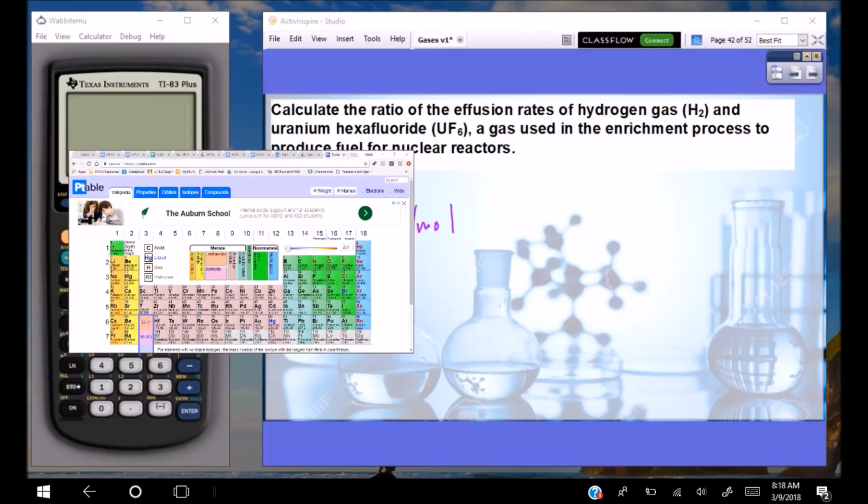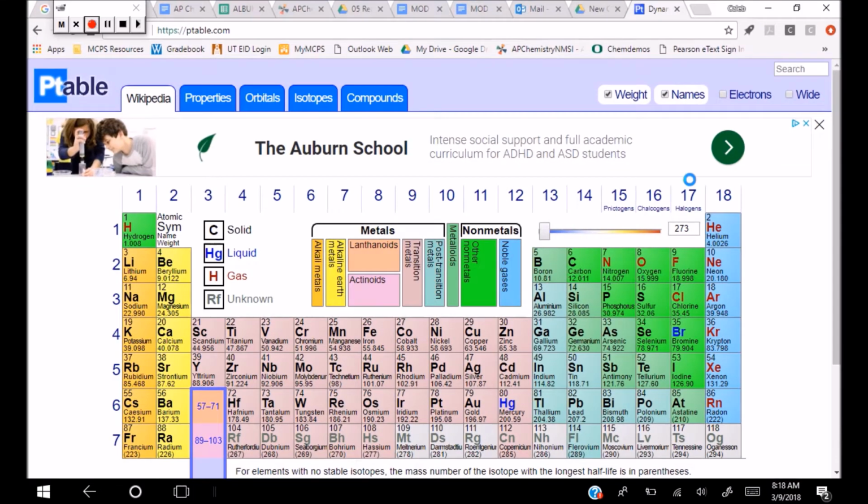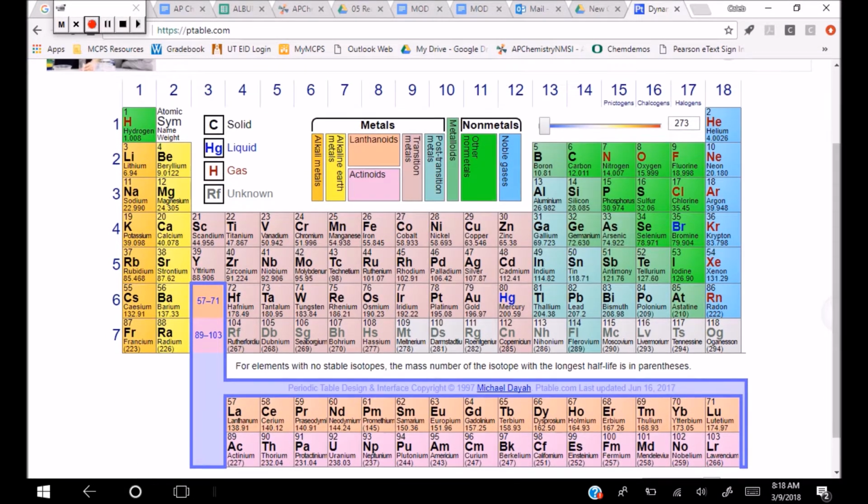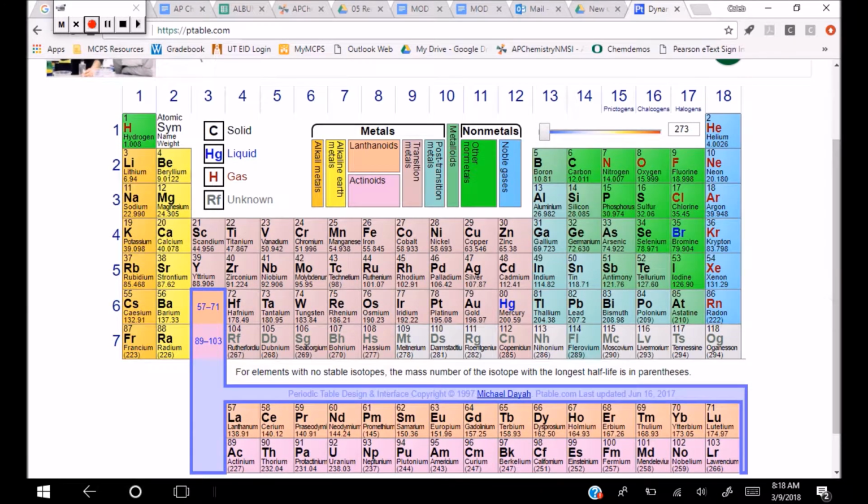Go to our periodic table. We've got 238.03 for uranium, and we'll say 19 for fluorine.